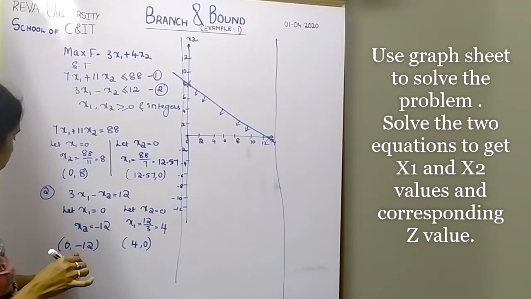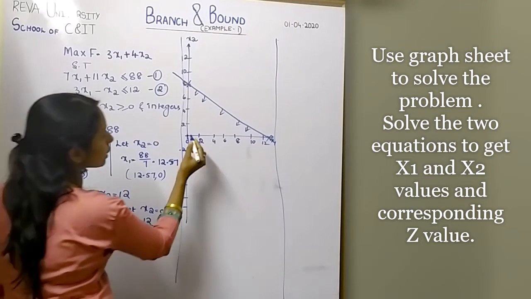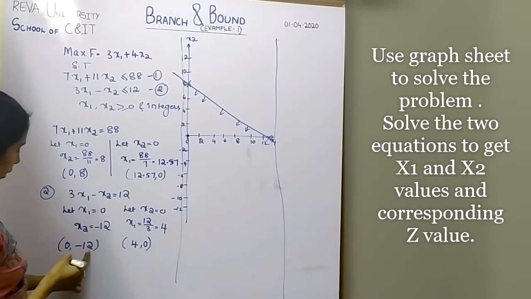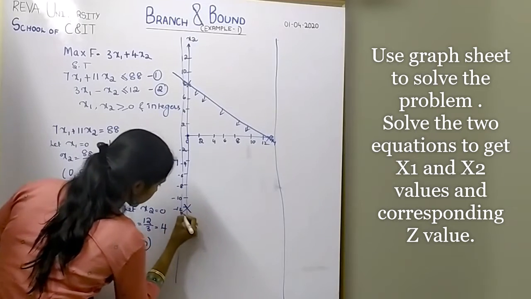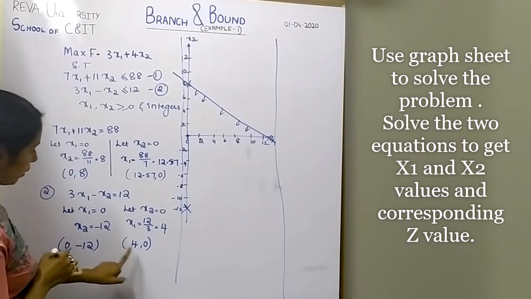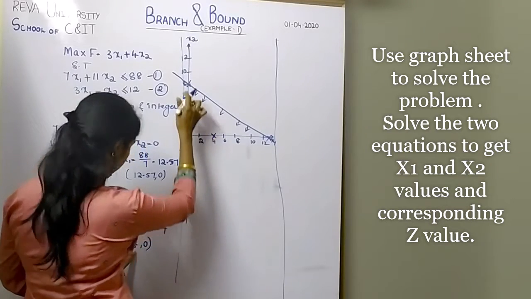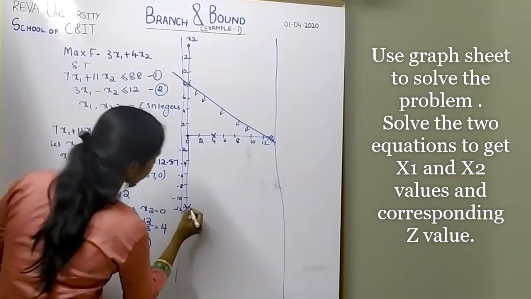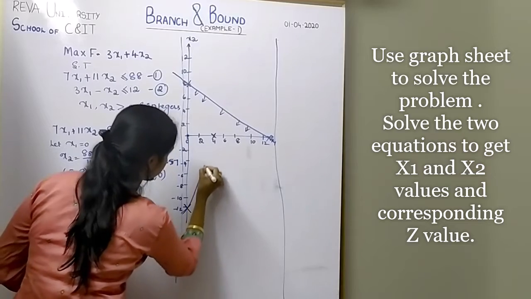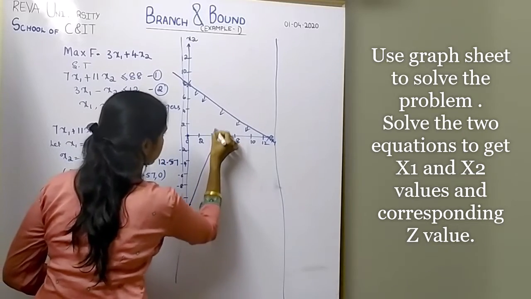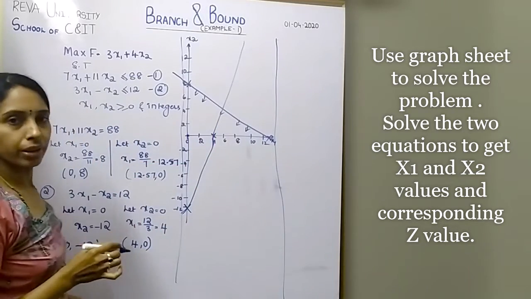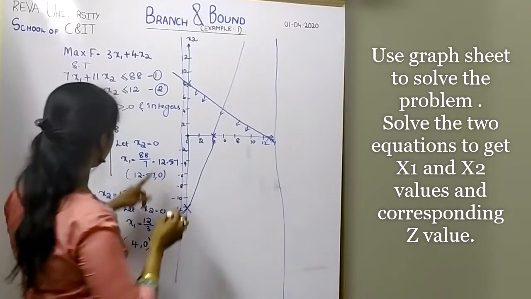What are the two points? x1 is 0 and x2 is minus 12, so this is one point. One more is x1 is 4 and y is 0. So join this like this. Now what is the condition here?